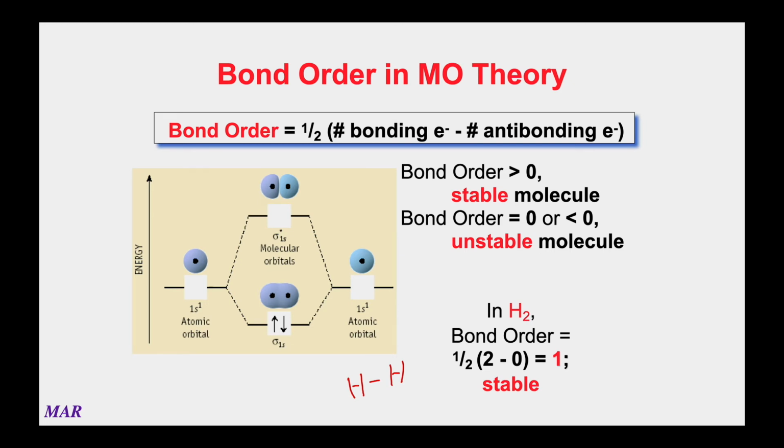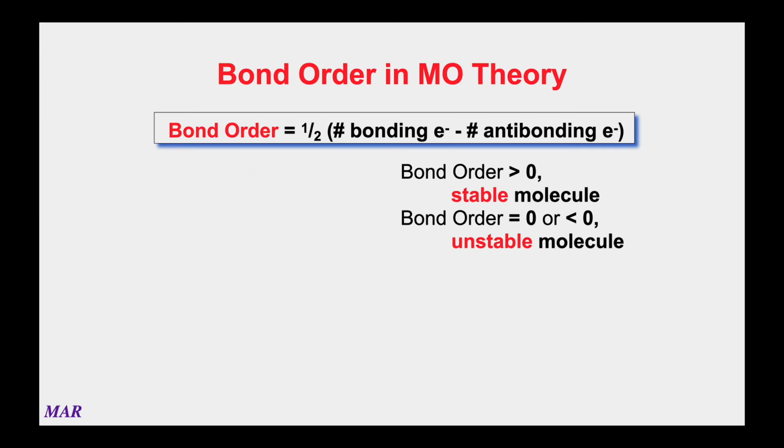The single bond between the 2 hydrogens would also be bond order 1, just like the molecular orbital diagram, which also had a bond order of 1. So often MO and Lewis structure valence bond descriptions will be very similar. Not all the time, but most of the time, I would argue. Let's look at another example.